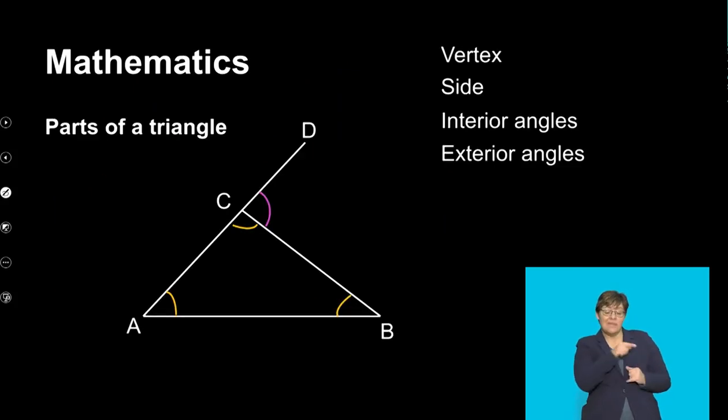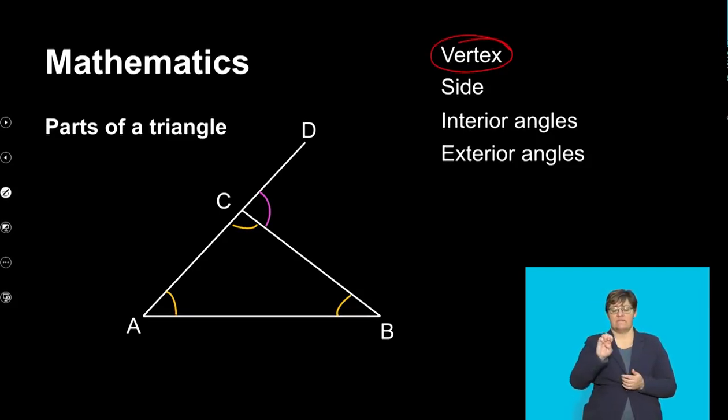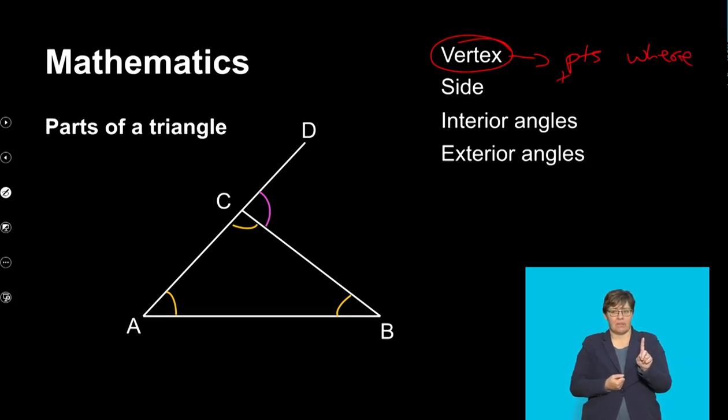Now, to try and apply this, some parts of a triangle, we have what we call a vertex, right? So these are the points where the lines meet, the sides meet with one another, right?